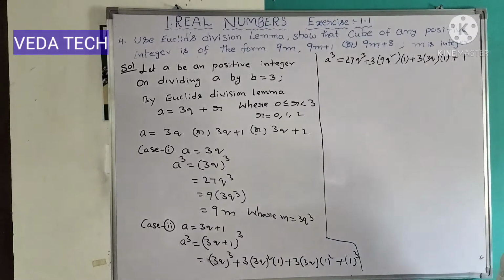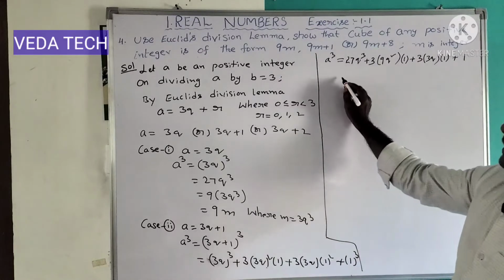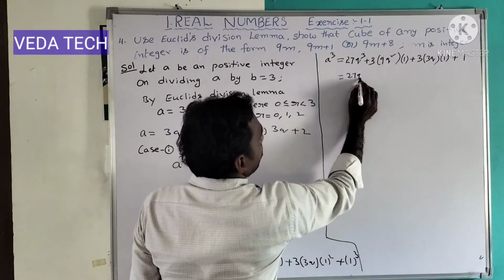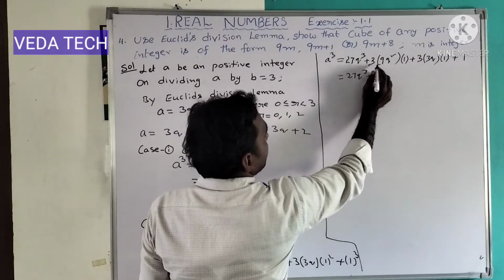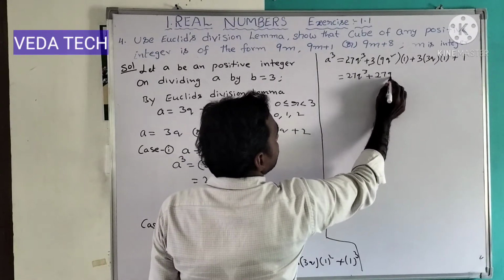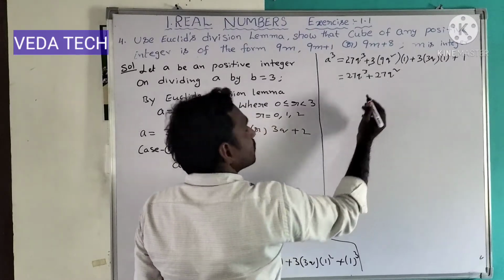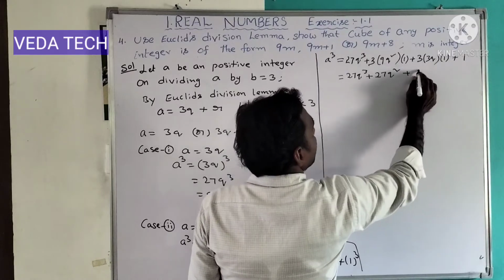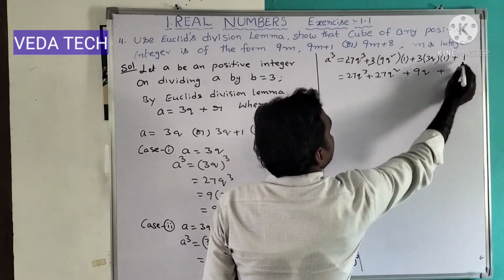So 27 q cube plus 27 q square plus 9q plus 1.